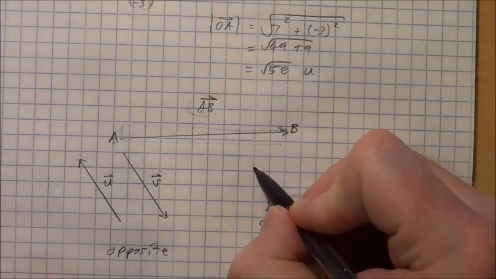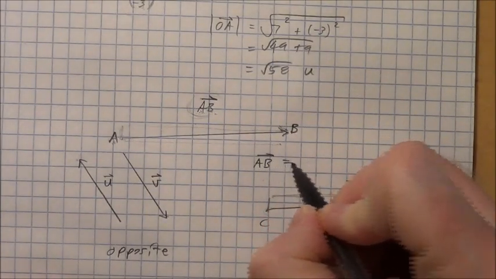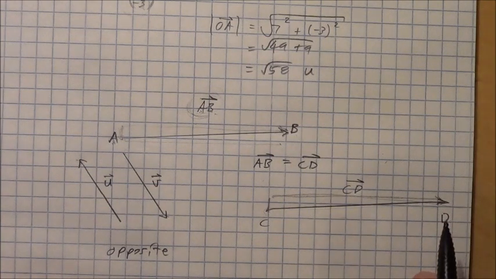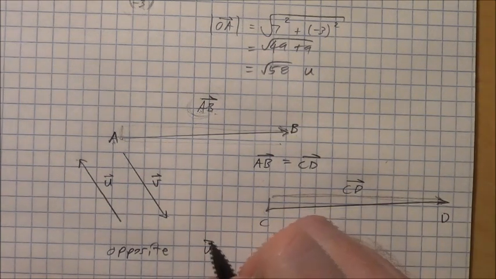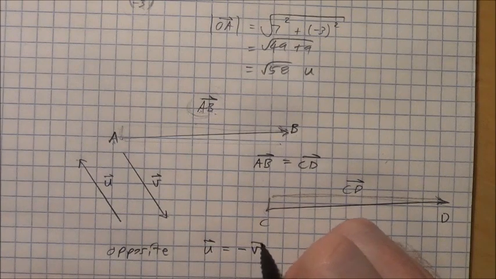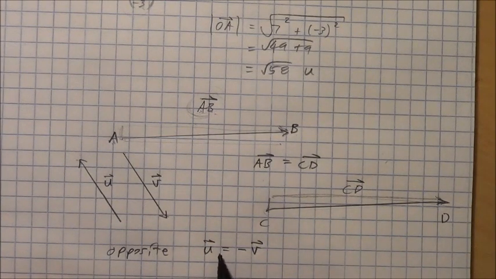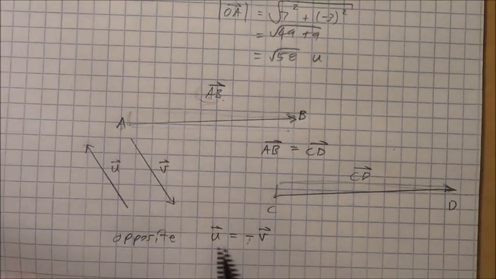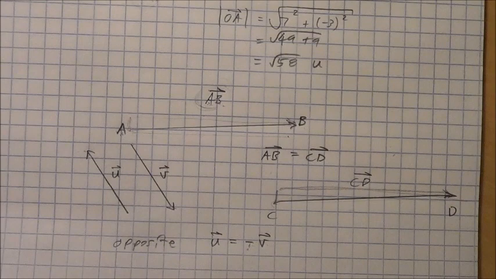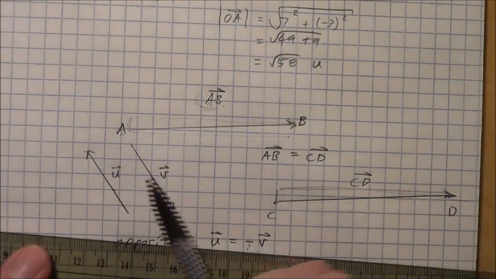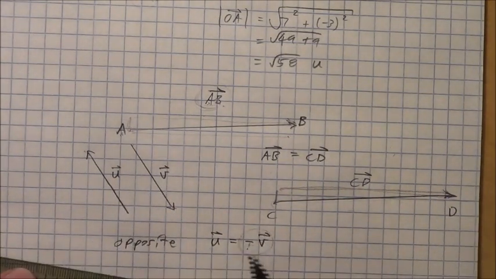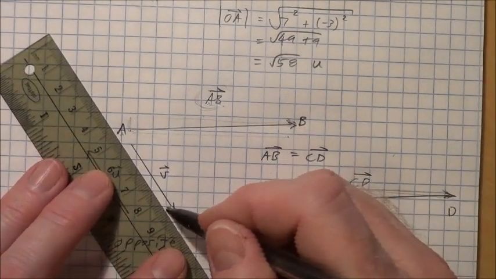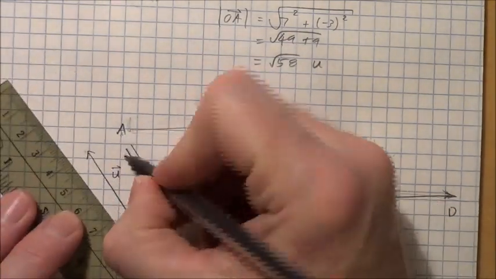And where I would write that vector AB is equal to vector CD, here I'd have to say that vector U is equal to negative vector V. And the negative, if I say they're equal now because of this negative, that negative actually would turn this vector V around. So if I wanted to say that vector U and vector V are equal, well, I couldn't say they're equal because they're in opposite directions, but that negative vector V would then be drawn like this.